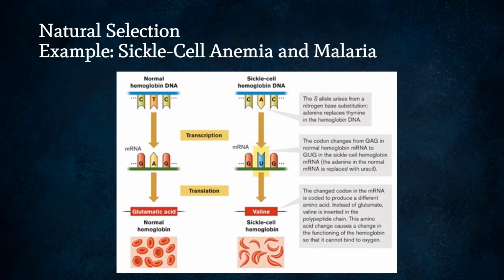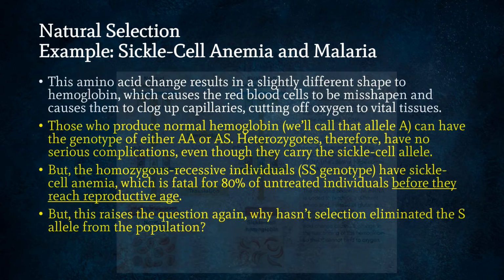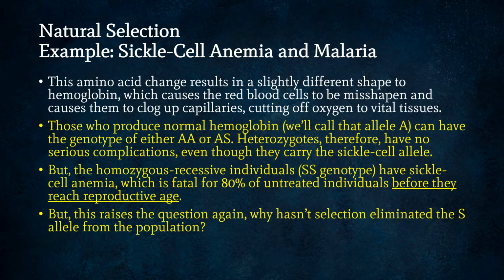So we already talked about this, but we're looking at how a single point mutation changes the amino acid that is produced by this codon, and as a result changes the shape of the red blood cell. So this amino acid change results in a slightly different shape to the hemoglobin, which causes the red blood cells to be misshapen and causes them to clog up capillaries, cutting off oxygen to vital tissues.